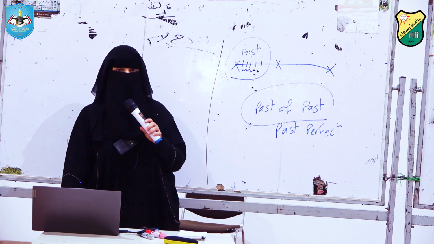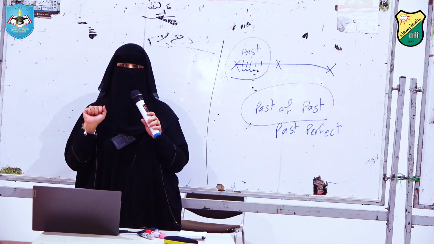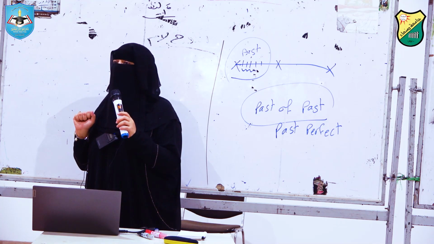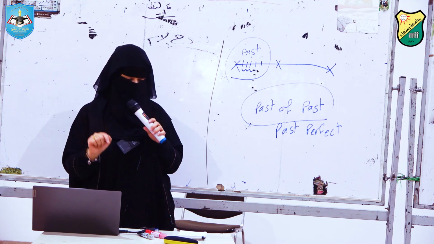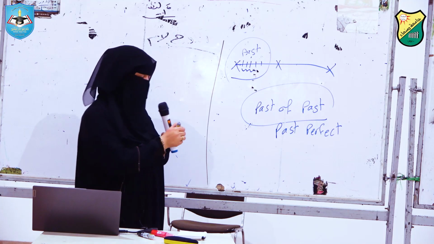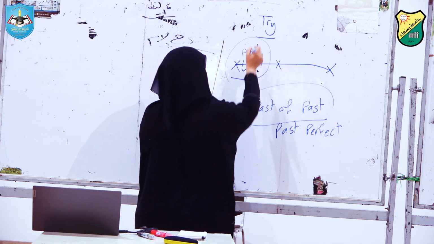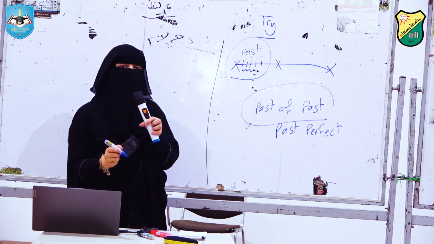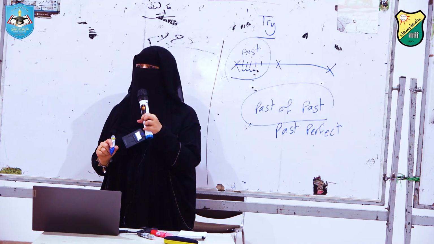If, as we said, I have a verb that ends with E, it means I have to add just D. Okay. If I have a verb that ends with a consonant plus Y, like try, I have to change the Y to I-E-D.